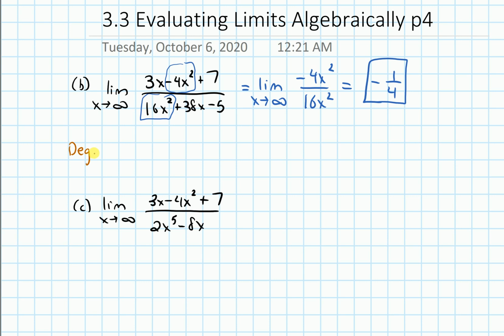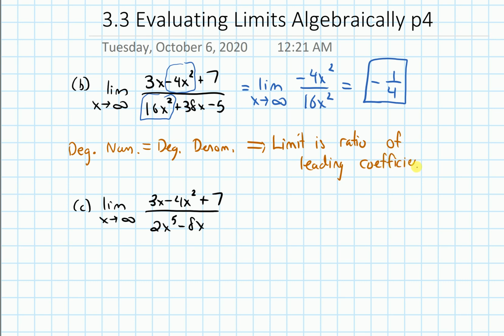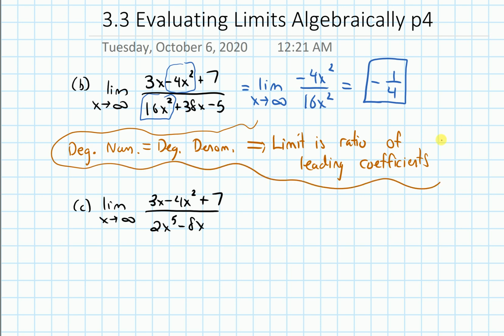My comment about this is, when the degree of the numerator equals the degree of the denominator, then the limit is the ratio of what are called the leading coefficients, the coefficients of the highest power terms.